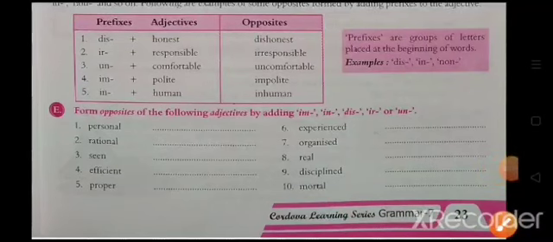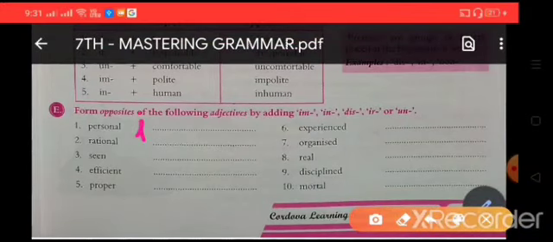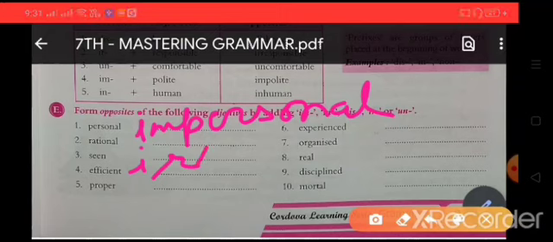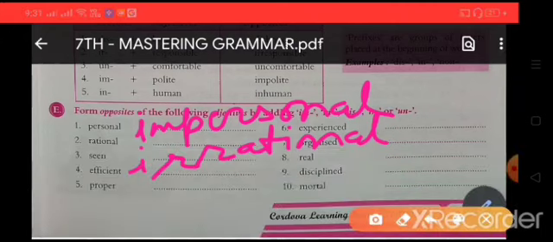Now let's start this exercise. Personal, impersonal. Rational, irrational. Seen, unseen.